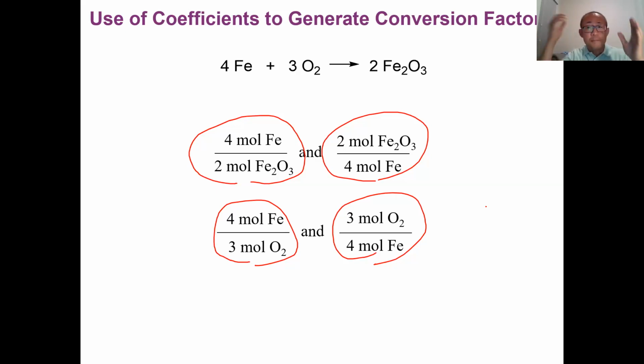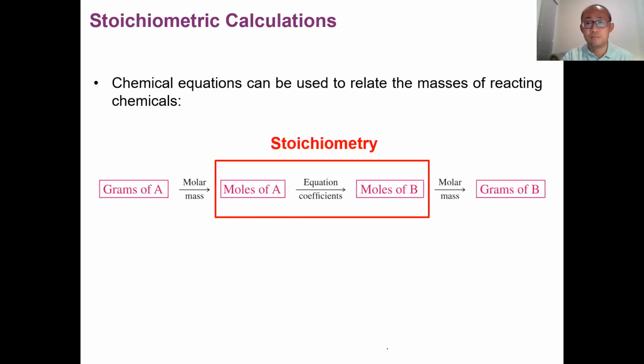I can create pairs of conversion factors using these quantities. That also tells us the substances involved in a chemical equation are related in moles. If I know the moles of one thing, I can calculate the moles of another using the coefficients. The moles of A relate to the moles of B using coefficients.